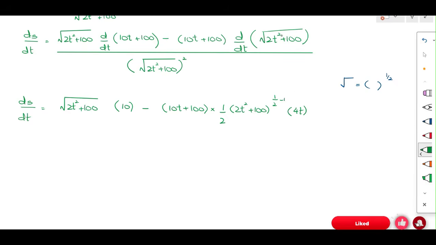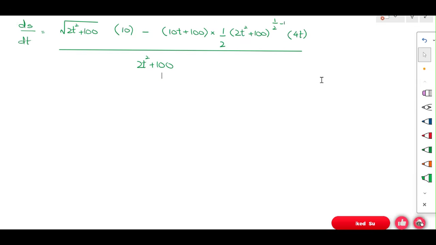So 2 is as it is, the derivative of t square is 2t, and that 2 multiplying by 2 would be 4t, right? So applying the power rule over here, everything divides by this square, and the square root is just cancelled out, and we have 2t square plus 100.